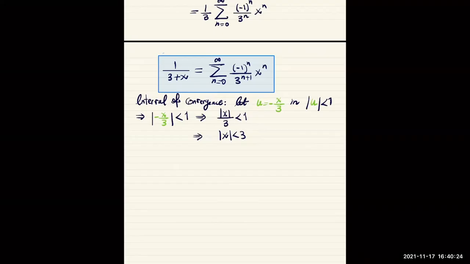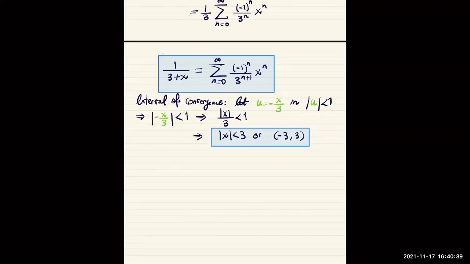You can also write that as the interval from -3 to 3. So again, the power series holds for those values when x is between -3 and 3.